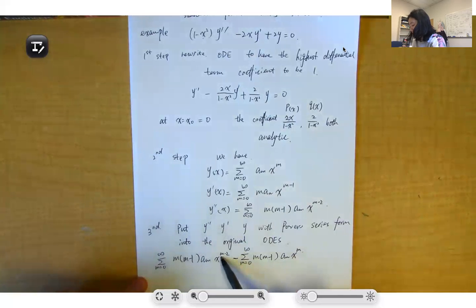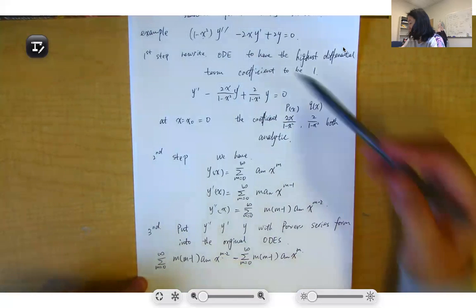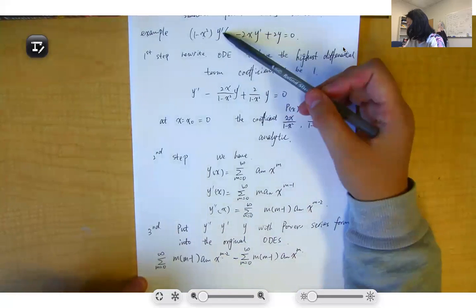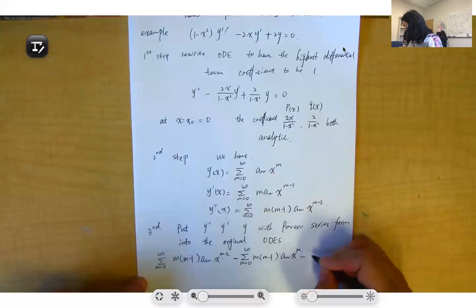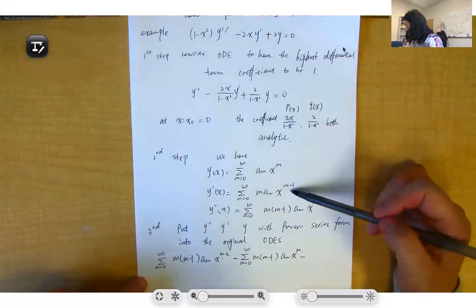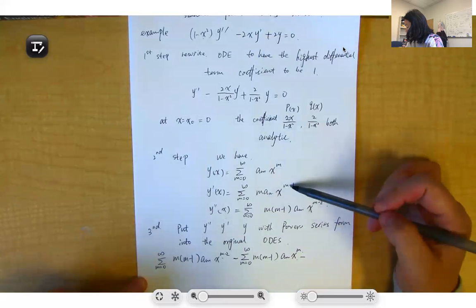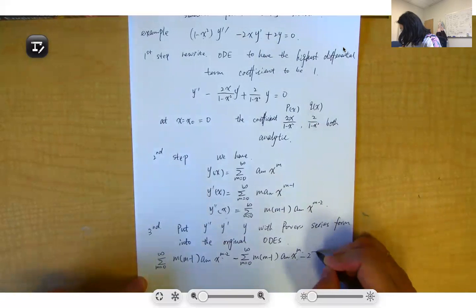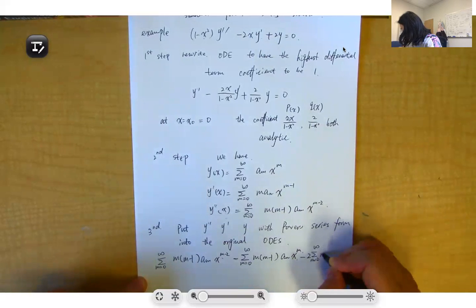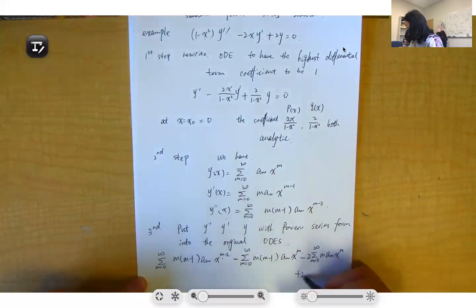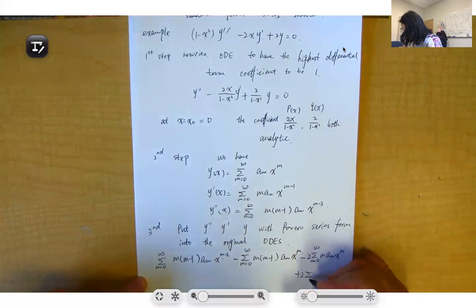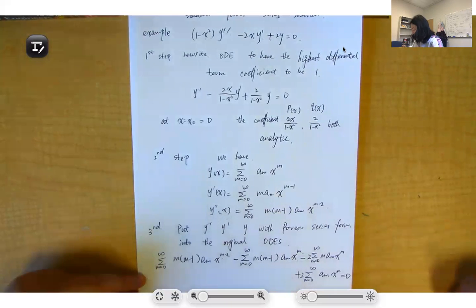Here it is now x to the m, not x to the m minus 2, because you already times x squared for the y double prime. Then minus 2x times y prime. So the x times x to the m minus 1 term will be x to the m term. So that will be minus 2 sum from 0 to infinity m a_m x to the m term. And finally plus the y term there, which is the sum from 0 to infinity a_m x to the m, that is equals to 0.